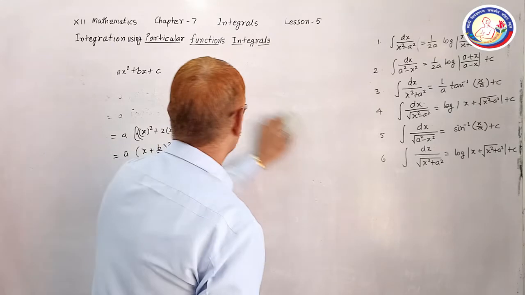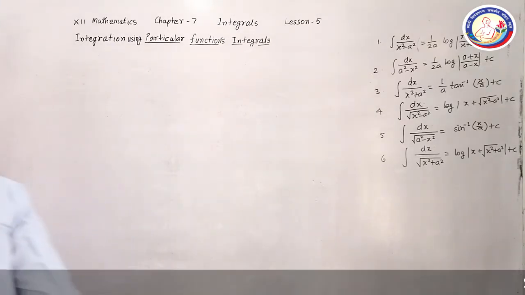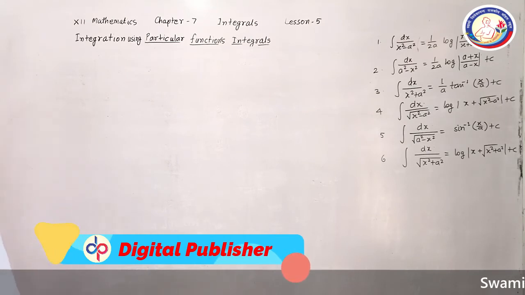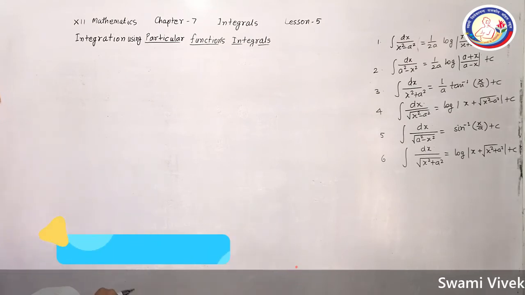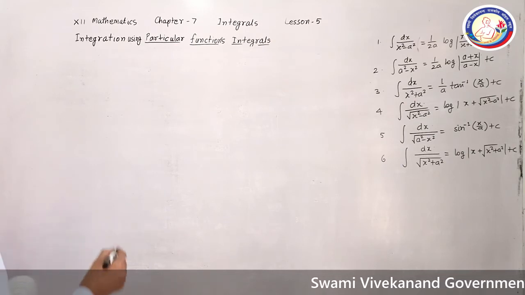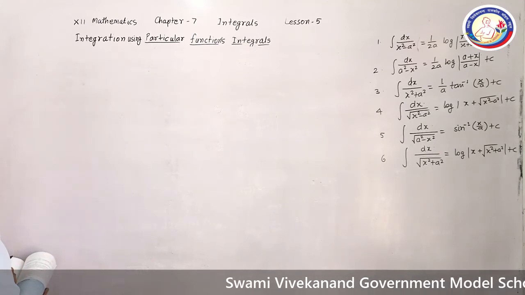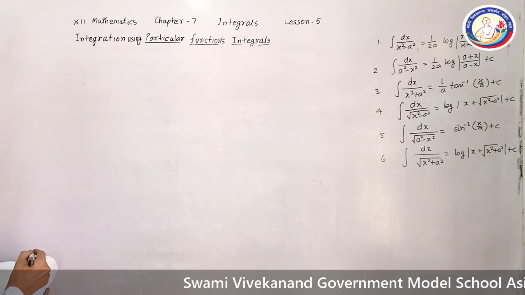Now I am using this to bring one integrand in required form. I am taking question number 10, or any question we can take from our exercise. I am taking 10th question.